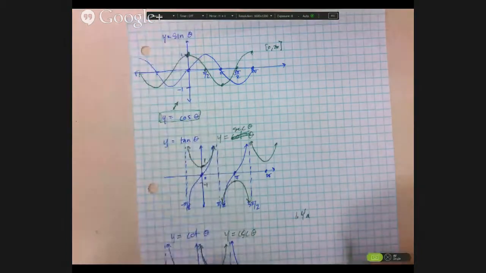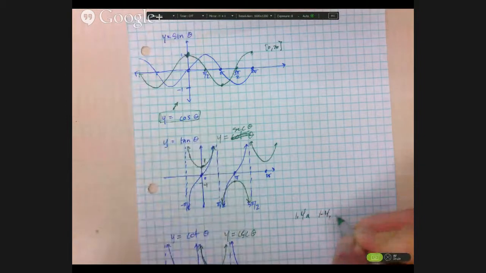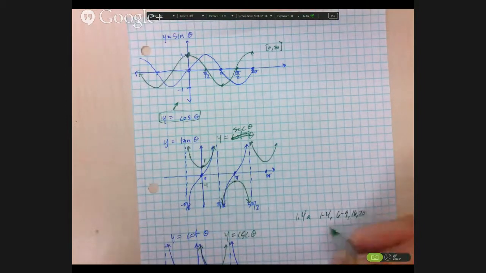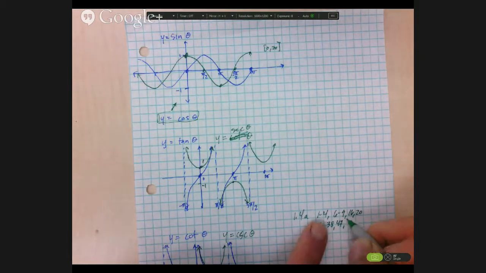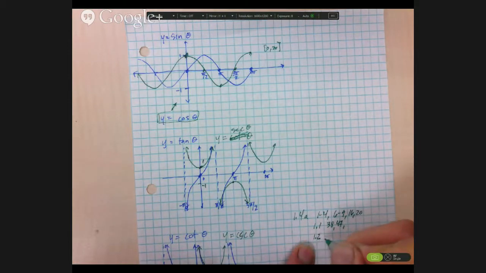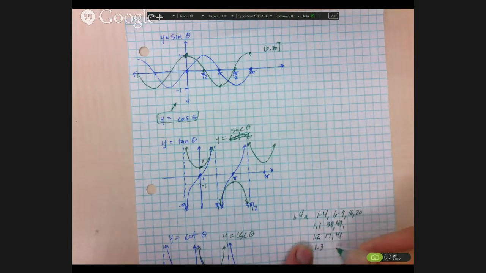Okay, so the first part, 1.4a is 1 through 4, 6 through 9, 16, 20, and then you're going to do spiraling 1.1, 38 and 47, 1.2, 17, 41, and 1.3, 34.